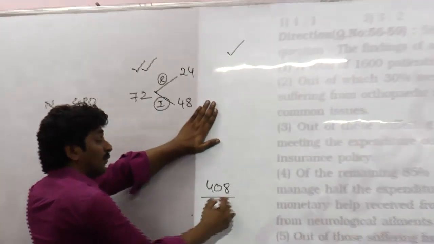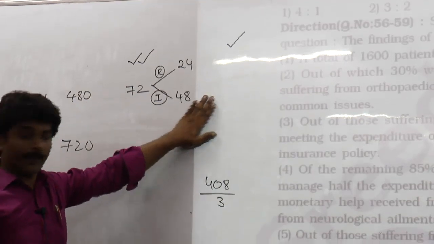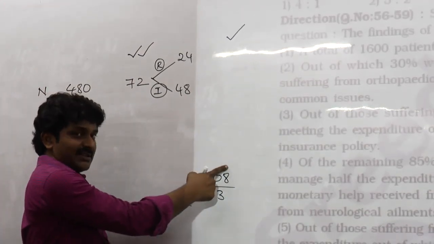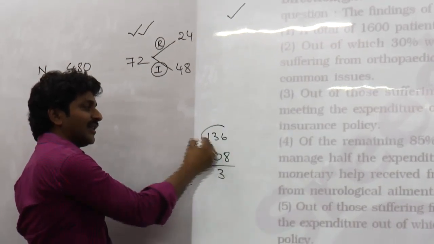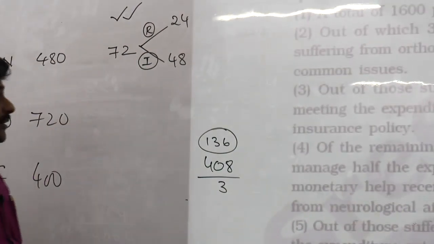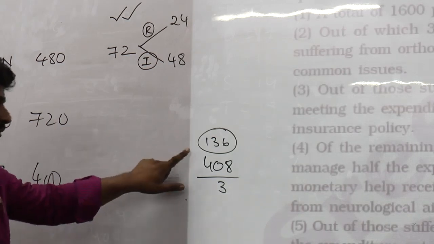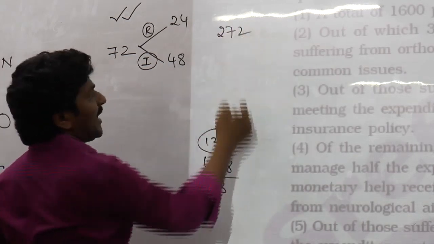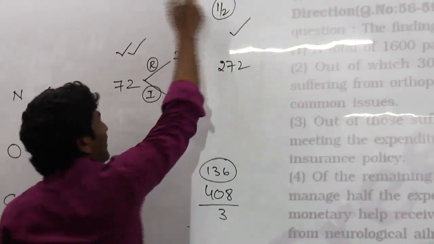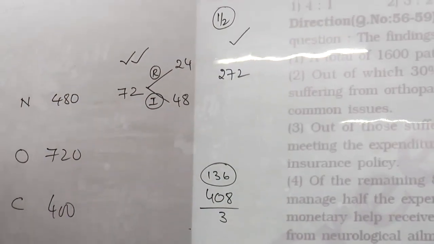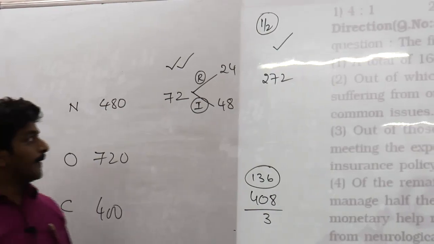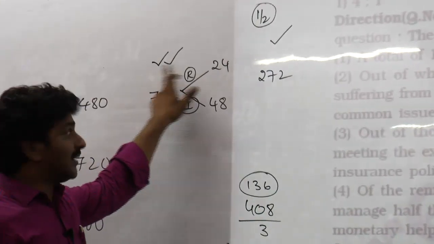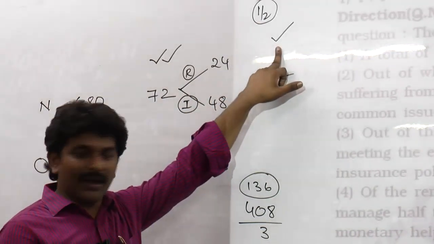Out of 408, what about 1/3? 136. 136 is 1/3. But you need to calculate 2/3. 2/3 in the sense 2 times of this. 272 guys are comfortable in paying half of their expenditure. Double tick mark, they can pay full bill. Single tick, only half bill.